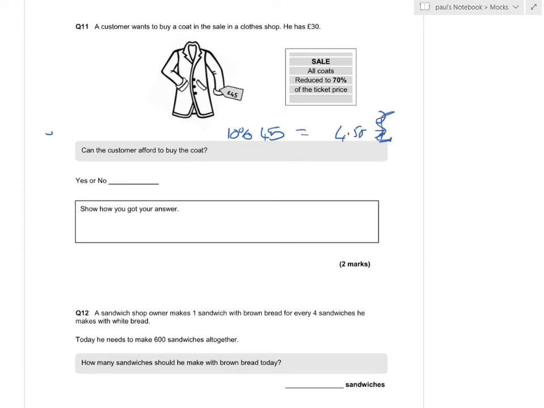And we've got 70%, so times that by 7. So 7 5s are 35, 7 4s are 28, and 3 is 31. So it's £31.50. Can he afford to buy the coat? No.